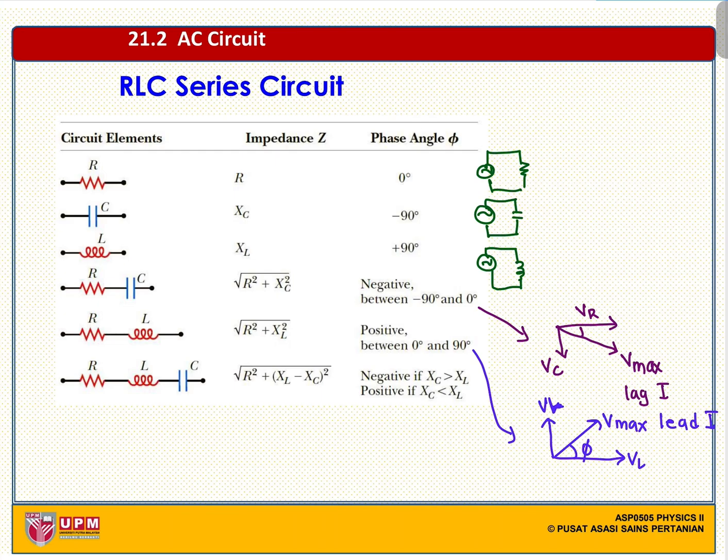Right, then this one is your RLC. The RLC circuit depends on your XC and XL. If XC is larger than XL, you will have a negative phasor angle. If XC is smaller than XL, you will get a positive phasor angle. So when you press tangent inverse on the calculator, don't drop the negative sign. If there is a negative, put a negative in your answer. If there is no negative, put positive.